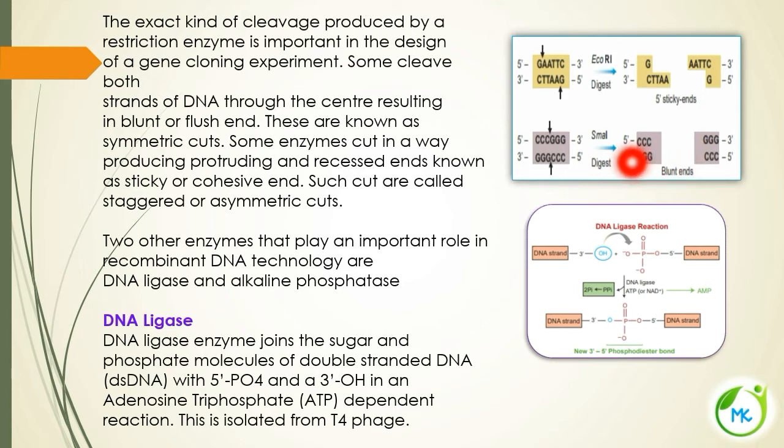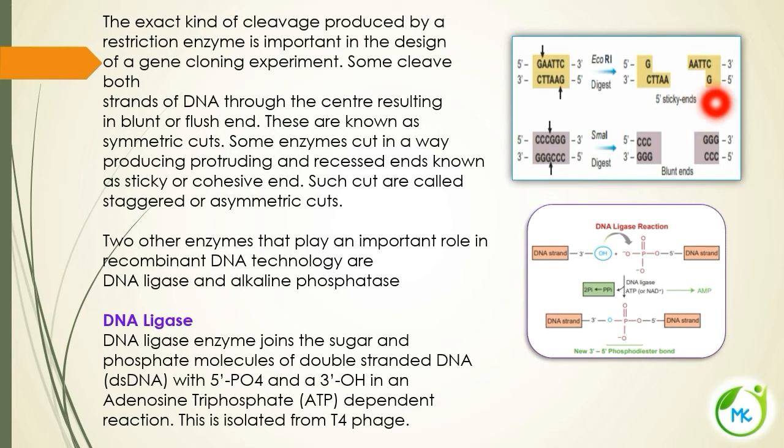Whereas, on the other hand, some enzymes cut in a way producing protruding and recessed ends. So here you can find protruding ends, and here the recessed ends. This kind of cut is referred to as a sticky end or cohesive end, and the cut is called a staggered cut or asymmetric cut.